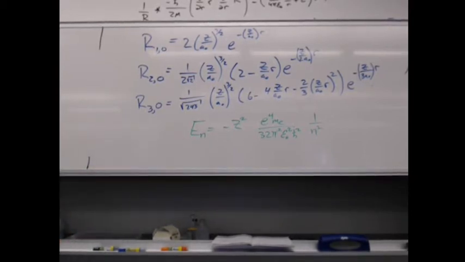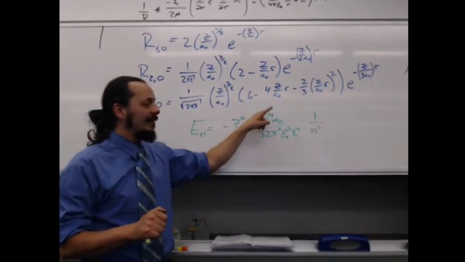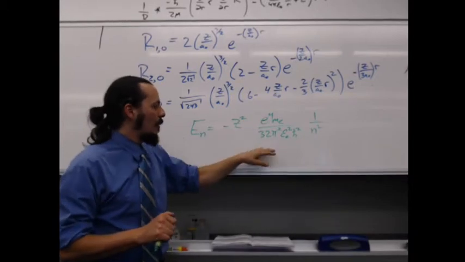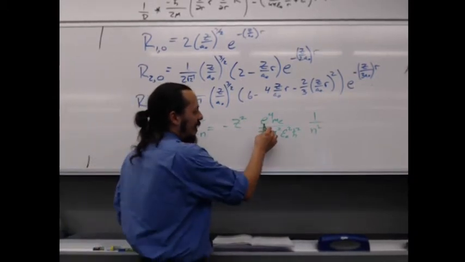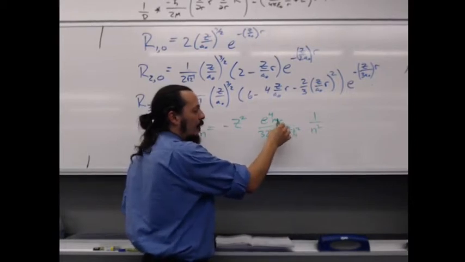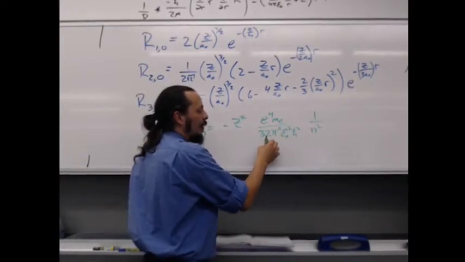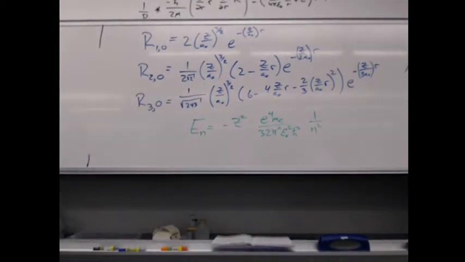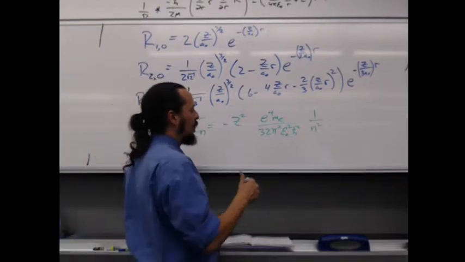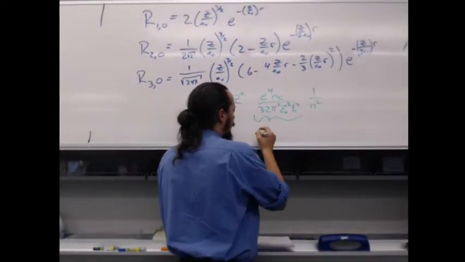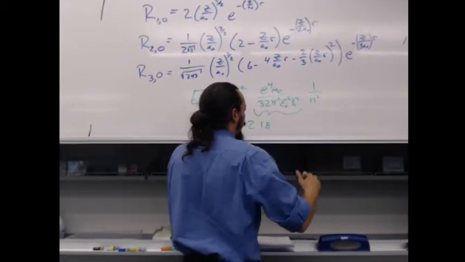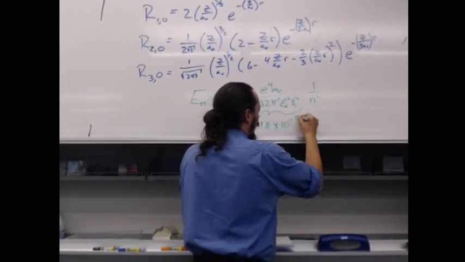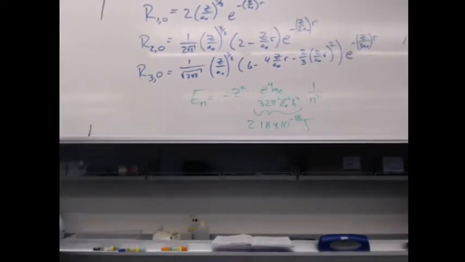And this is where it gets really neat. A naught, that Bohr radius, has a lot of these constants buried inside of it. But if we take the charge of an electron to the power of 4 times the mass of an electron divided by 32 pi epsilon naught squared h bar squared, we get a very important number in terms of energy. It's something like 2.18 times 10 to the minus 18 joules.